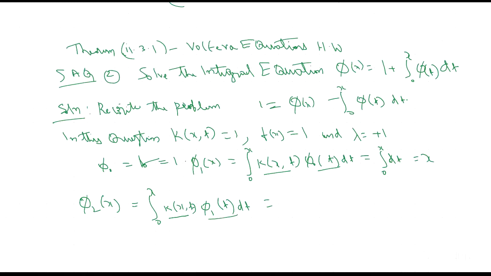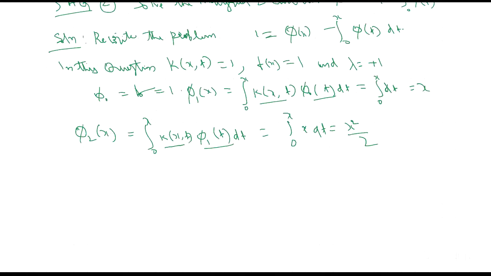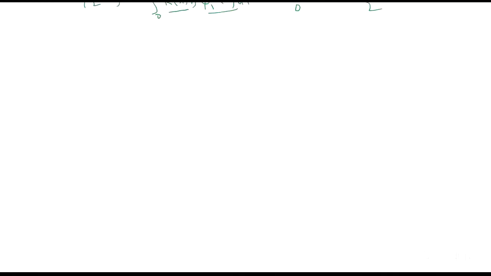That equal to integration 0 to x t dt, that is x square by 2. Integration of t is t square by 2, so x square by 2.